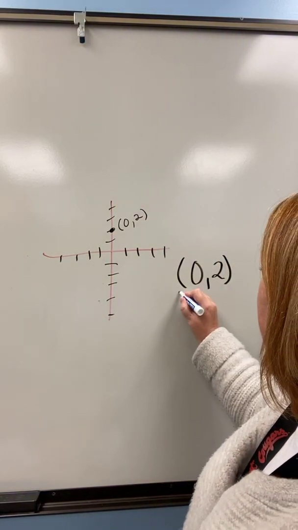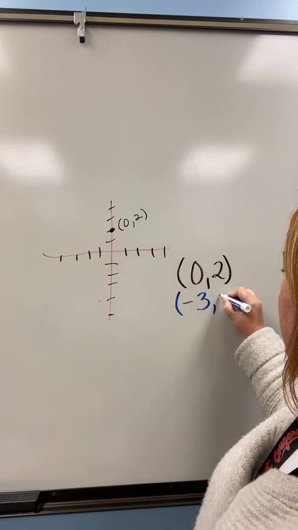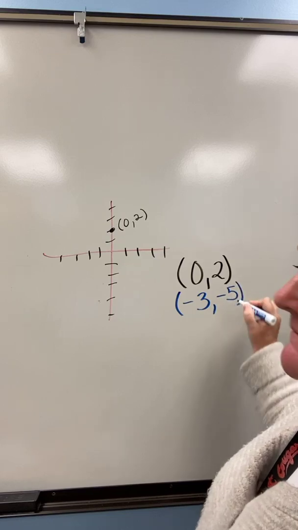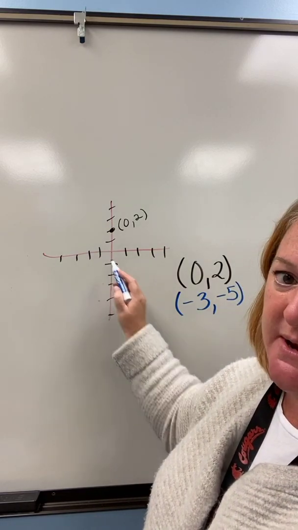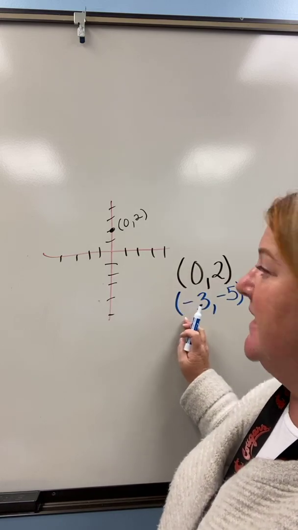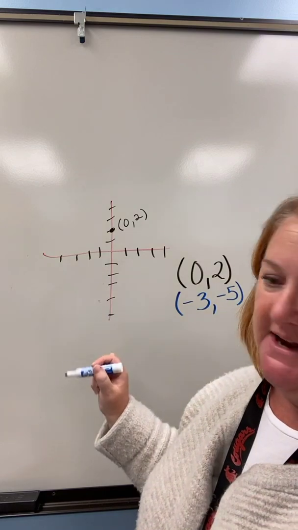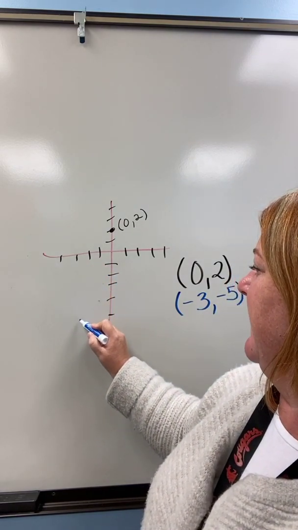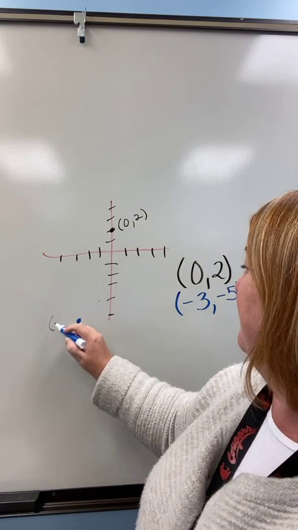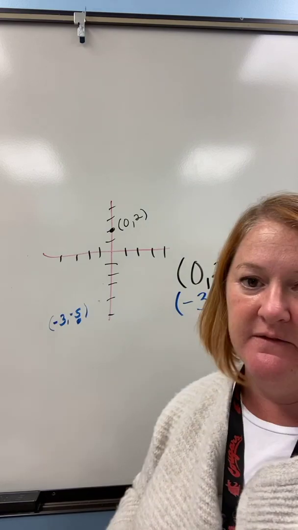Let's do a -3 and a -5. So for that one, I'm going to go over first 3 spots because it's always x, then y. So 1, 2, 3, and I'm going to go down 5 because it's a -5. 1, 2, 3, 4, 5. So that pair is -3, -5. Okay?